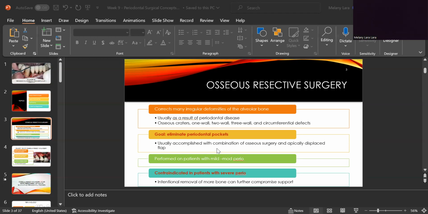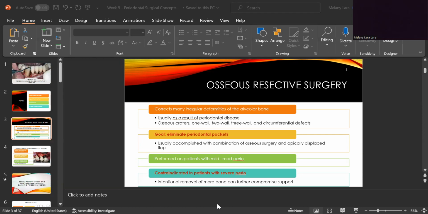Now, resective surgery is really only going to be performed on patients with mild to moderate periodontitis. This procedure is going to be contraindicated in patients with severe periodontitis. Why? They already have a lot of bone loss, right? Their teeth might already be mobile, so we don't want to go in and further compromise that support. But if a patient has mild to moderate perio, we're not necessarily 100% worried about the bony support.